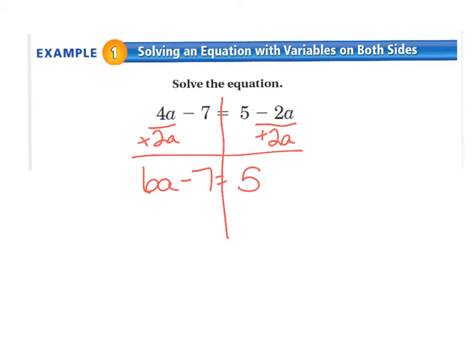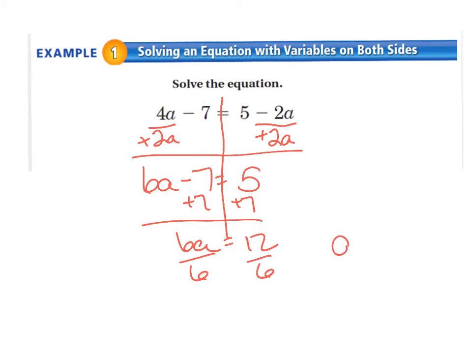Now I've got a multi-step equation, so I'm going to add 7 to both sides. 6a equals 12, divide by 6, a equals 2. And again, we have 8 minus 7 gives me 1, 5 minus 4 gives me 1, we're good to go.